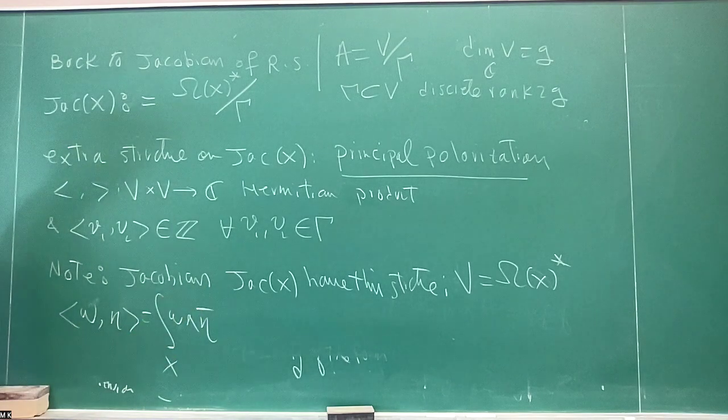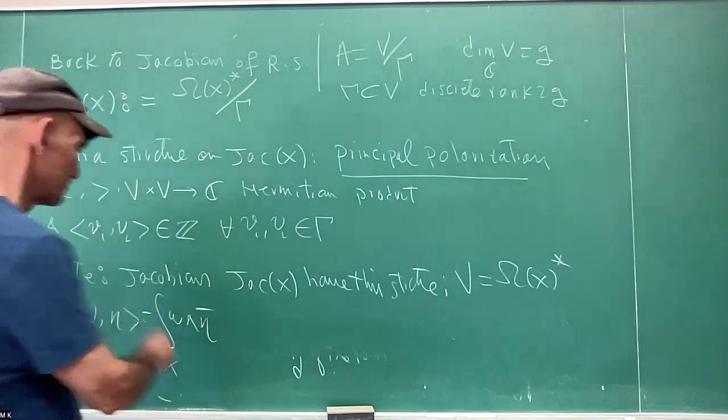So this is the Hermitian structure, but then we saw that if you introduce those singular homology bases, this actually takes integer values.